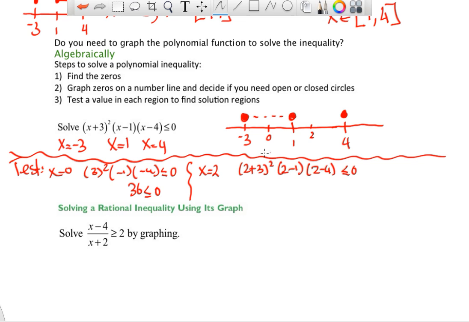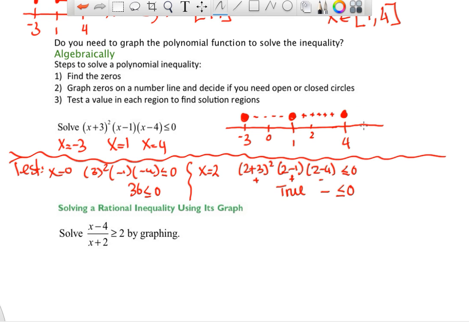Now you don't actually have to find the numbers here because you just want to know if it's true. So what I often do is: 2 plus 3 squared, that's a plus, 2 minus 1, that's a plus, and 2 minus 4, that's a negative. So I get a negative here, and that is less than or equal to 0. So here I get answers, which means I would put little pluses there because I get solutions that are true. So this is a region with solutions that are true.